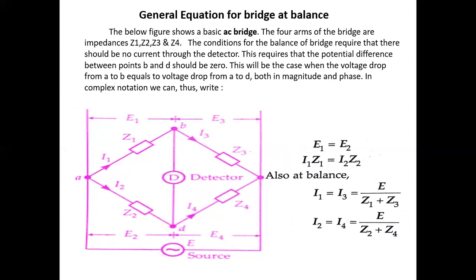That means the potential E1 is equal to E2, and E3 is equal to E4.